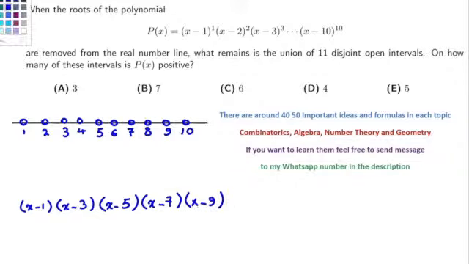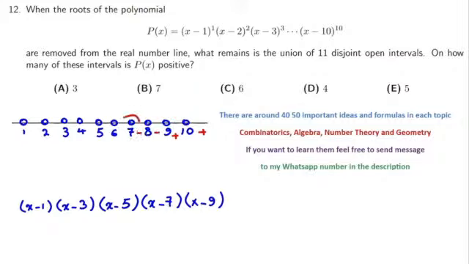Now if you want to consider the sign, if we are here, then all of them will be positive because x is greater than 10, so greater than all of them. When we consider here, all of them again positive. When we go from here to here, only this one will change from positive to negative, so it will be negative, negative.